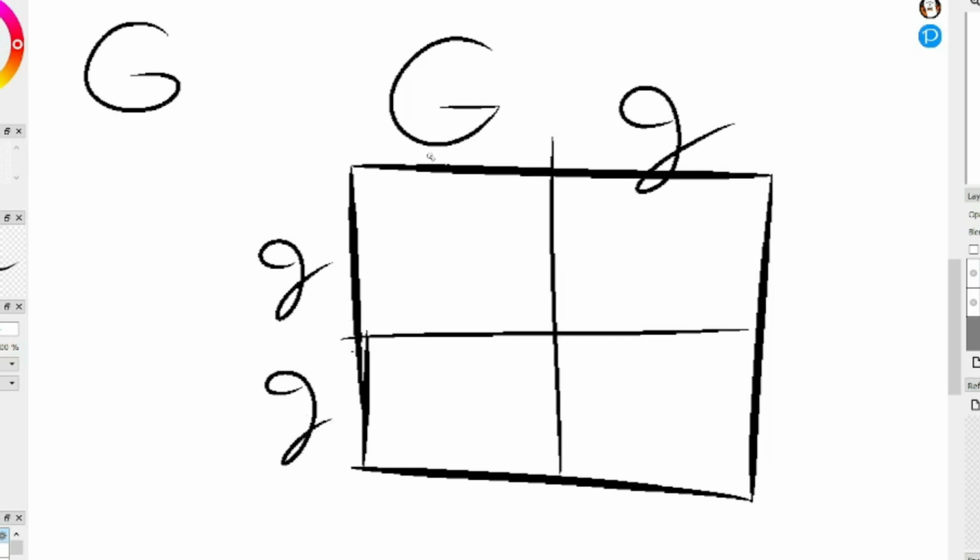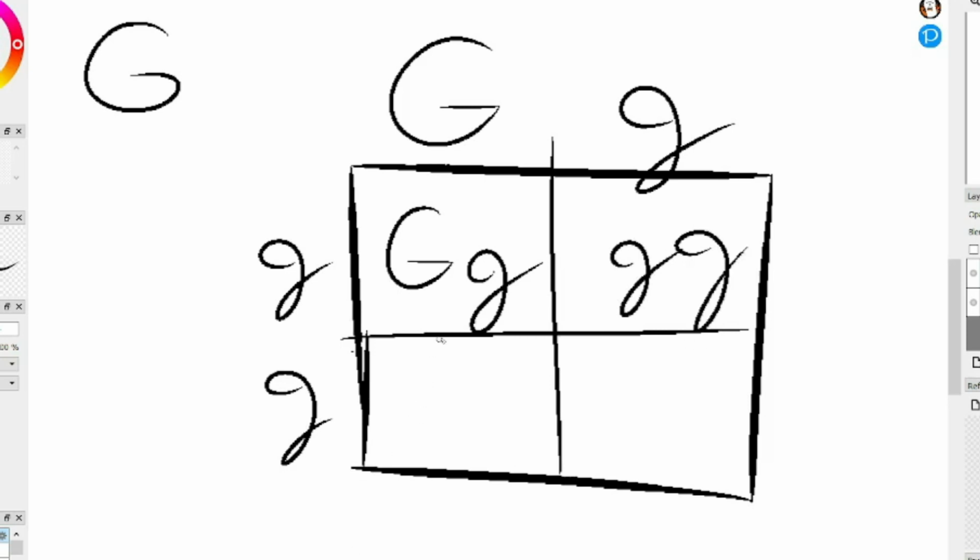Now, what you have to do here is that you have to put the dominant gene first, always. So, let's put that G in. Just like that. So that's one possibility. Now, as for these ones, let's see. If they're the same, just put them as is. Okay. What about this side?